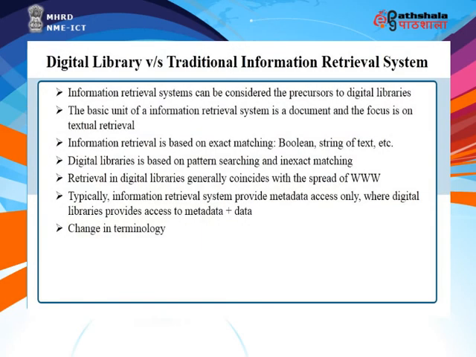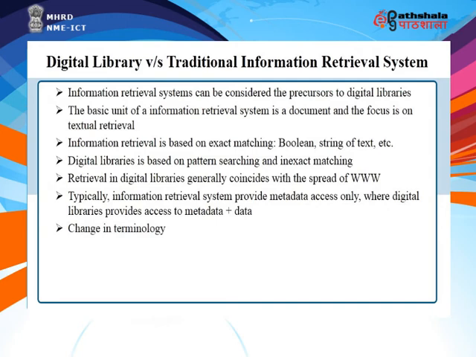Let's now examine major differences between digital libraries and traditional information storage and retrieval systems. Information retrieval systems have been in existence since the 1970s. They can essentially be considered as precursors to digital libraries. The basic unit of an information retrieval system is a document with focus on textual retrieval, whereas digital libraries, besides textual information, may also contain multimedia objects.